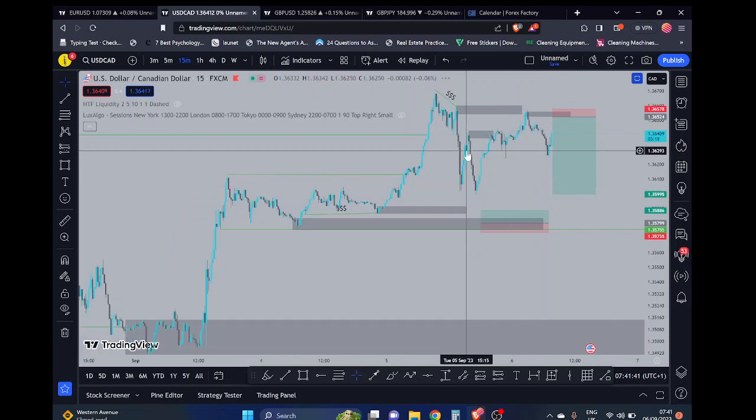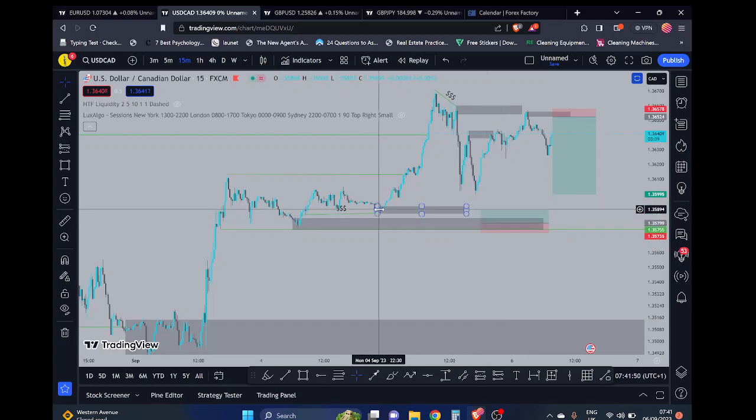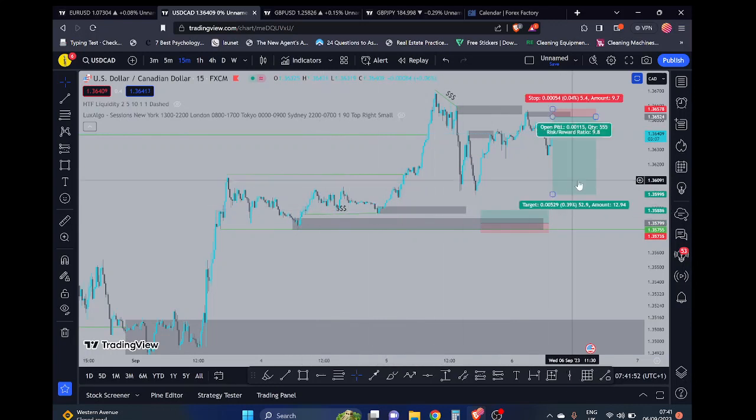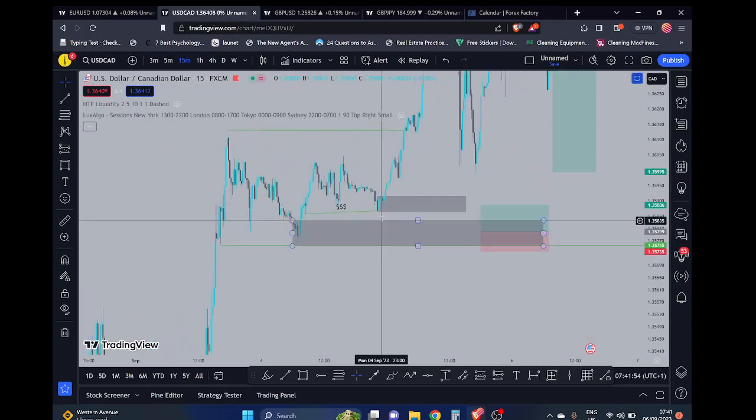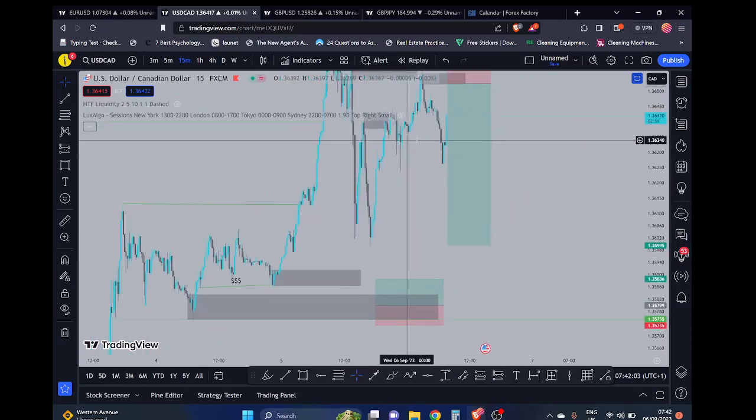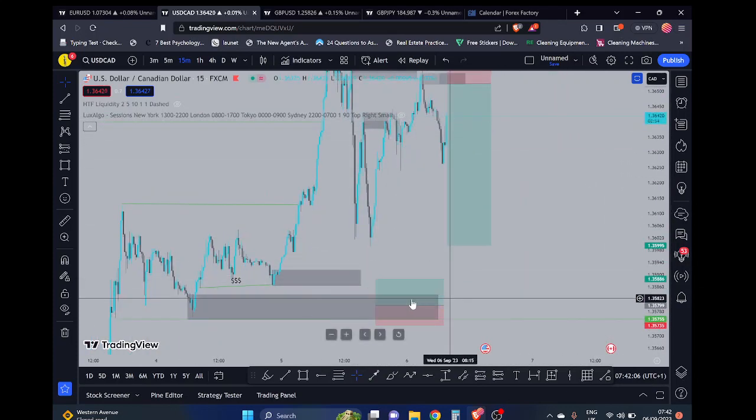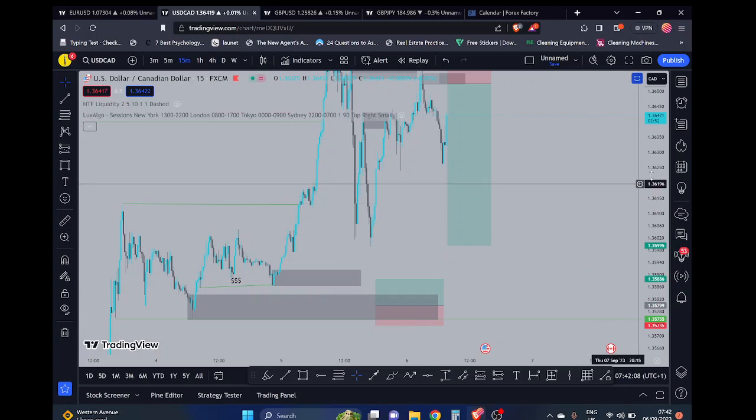I wanted it to tap into this other block, using this as inducement, right? Most people will go for this other block, but no, we use this as inducement and tap into this.